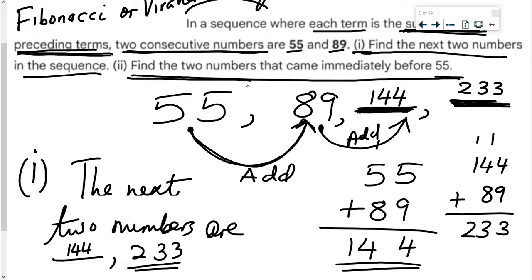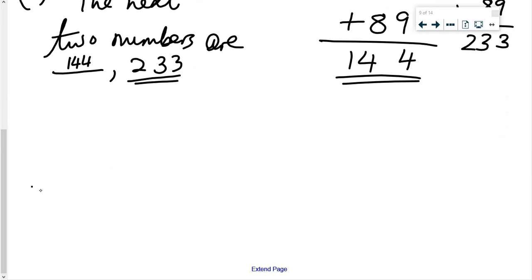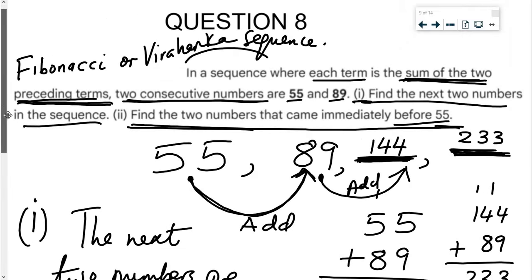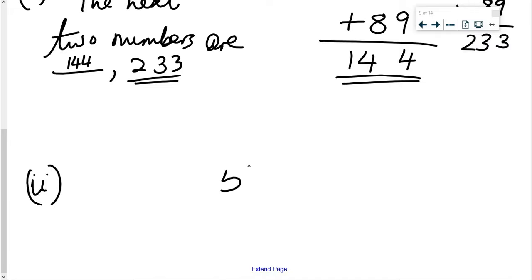Next, can you find the two numbers that came immediately before 55? Well, this is Roman 2. The two consecutive numbers are 55, 89. So you have 55, you have 89. Now this time, you need to find the number that came before 55.